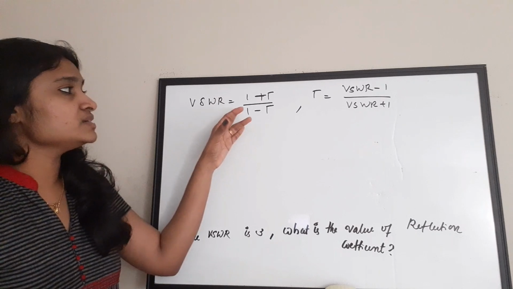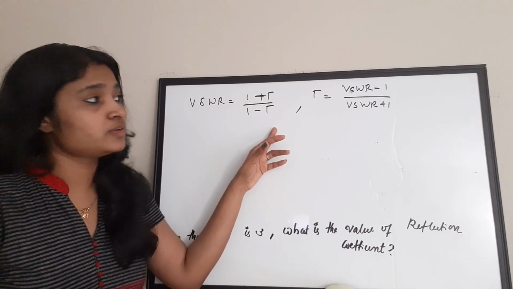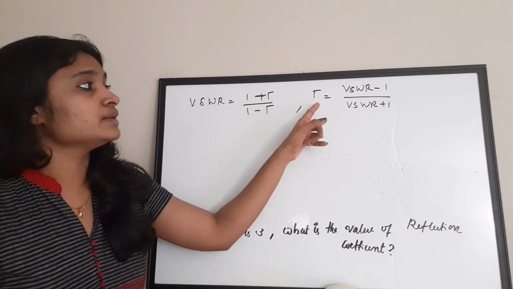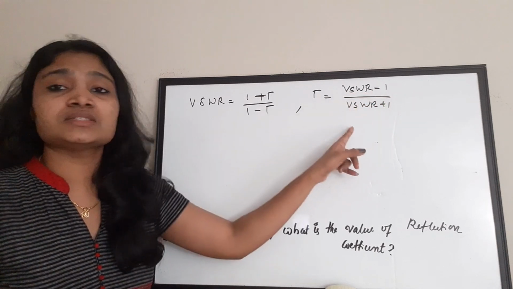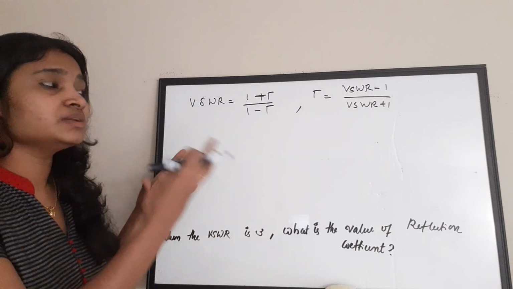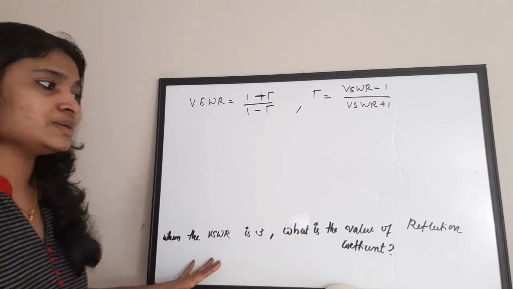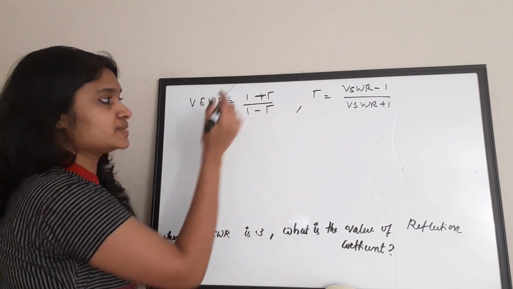So VSWR is equal to 1 plus reflection coefficient by 1 minus reflection coefficient. Now the reflection coefficient, if you take it from this equation, can be written as VSWR minus 1 by VSWR plus 1. So this is a very simple relation between VSWR and reflection coefficient. This question is asking for the reflection coefficient, so you have to use this relation.